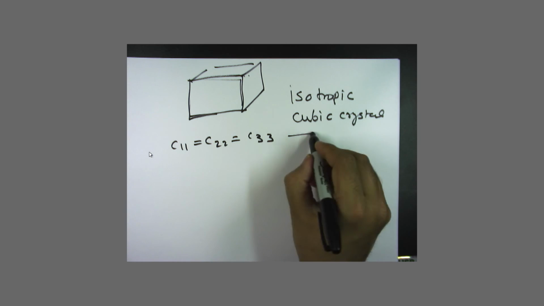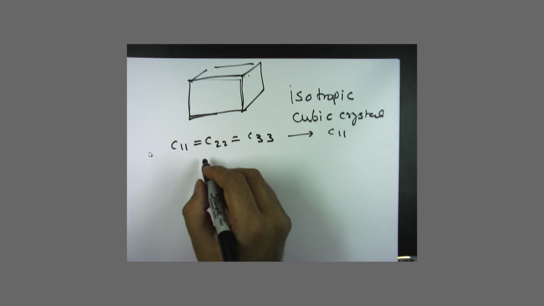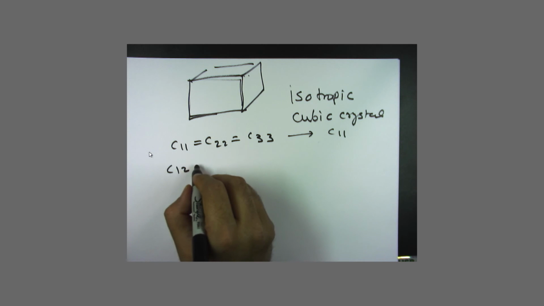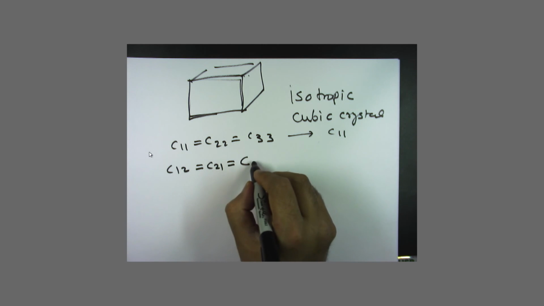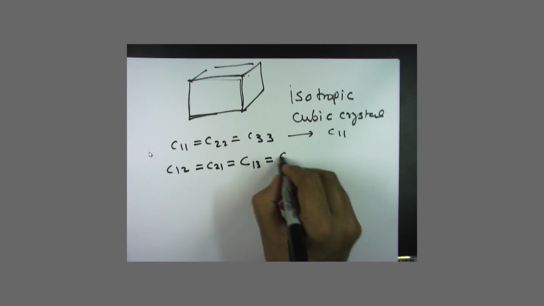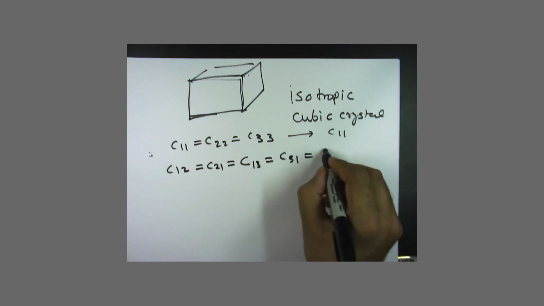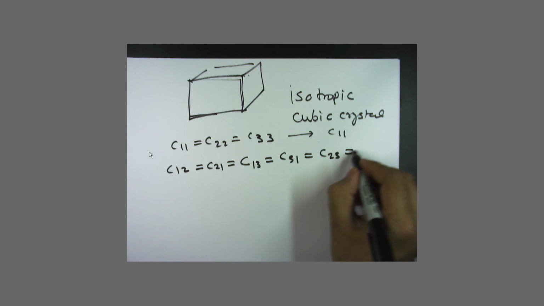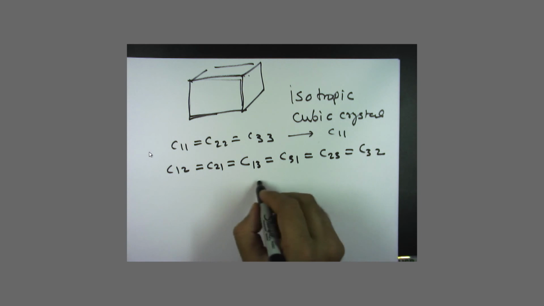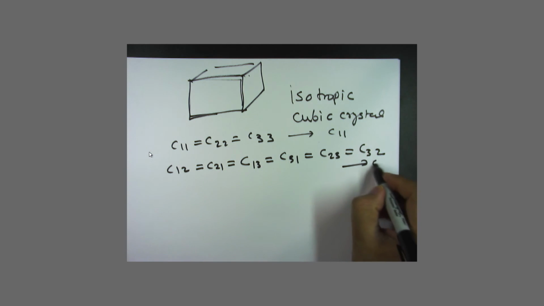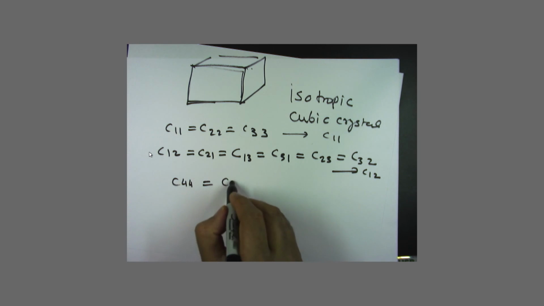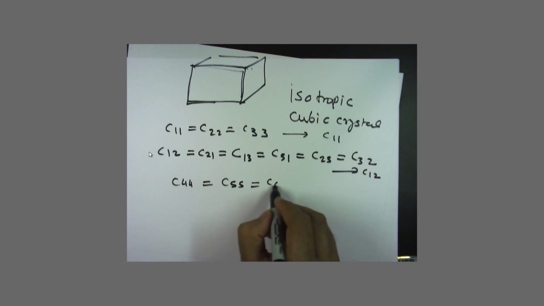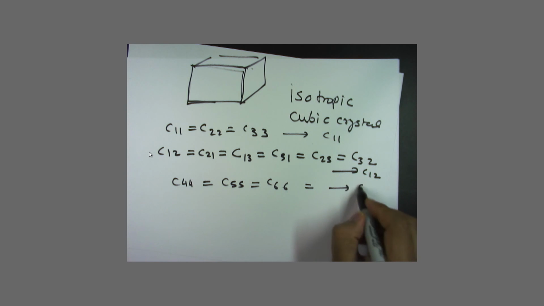So, all we need to know is C11. And C12 is equal to C21 is equal to C13 is equal to C31 is equal to C23 is equal to C32. That means all we need to know from here is C12, and the third one is C44, which is equal to C55 is equal to C66. So, all we need to know is C44.